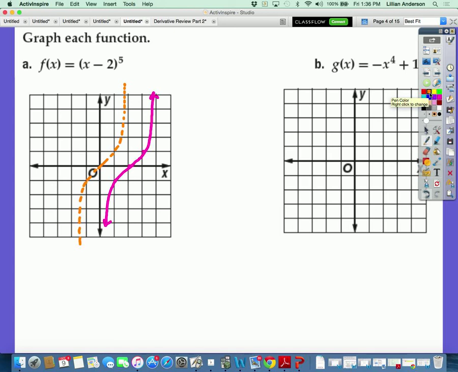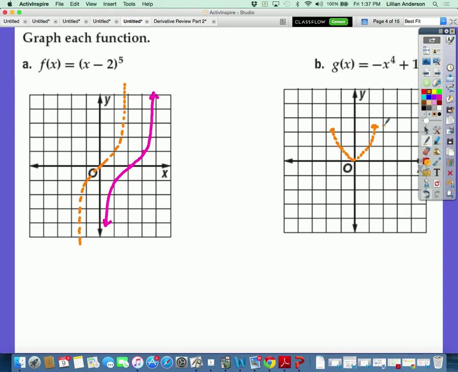Over here we have negative x to the 4th plus 1. This is a quartic, okay? Your most basic quartics, I'm talking about your monomial ones, do look very similar to a quadratic. What does that negative do to that function?